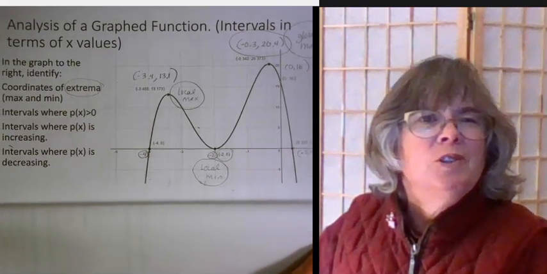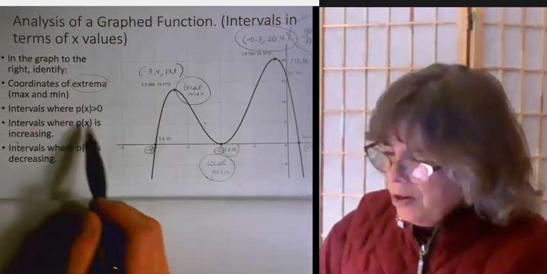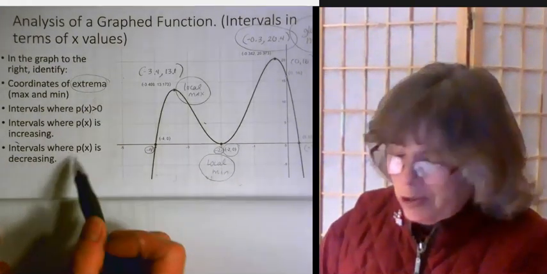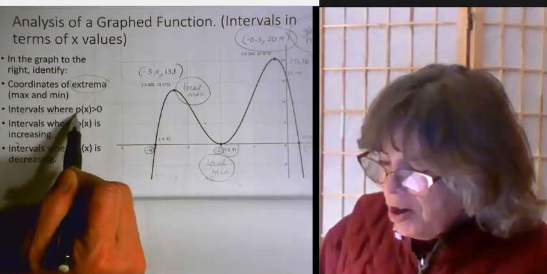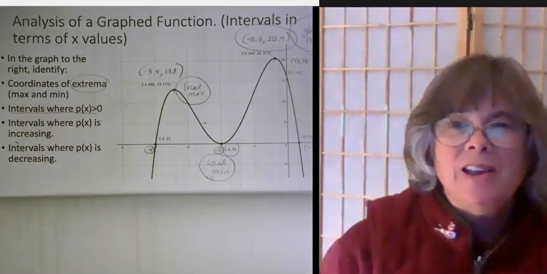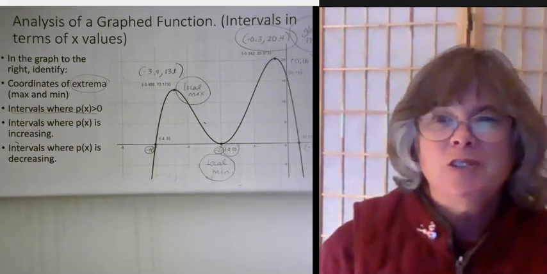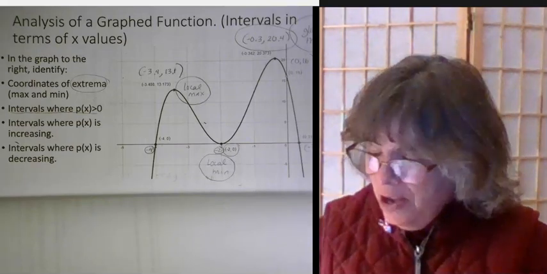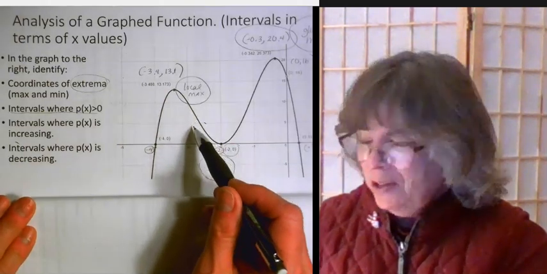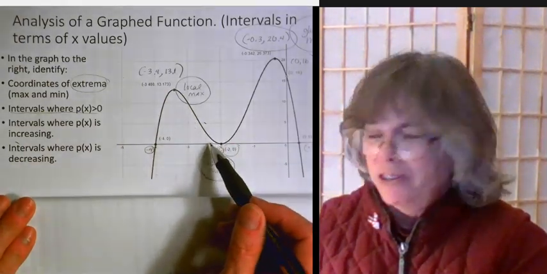We want to also look at the intervals where P of x, or the y value, is greater than 0. What's interesting about this, even though we're talking about the y value, is that when we give an interval where y is greater than 0, we give that interval in terms of x. So we can see here is a region where the y values are positive.